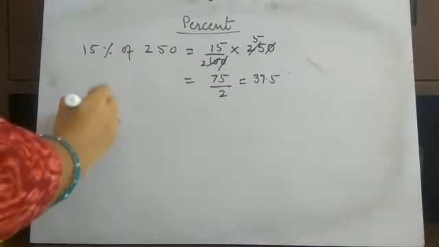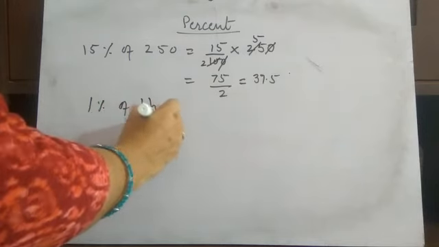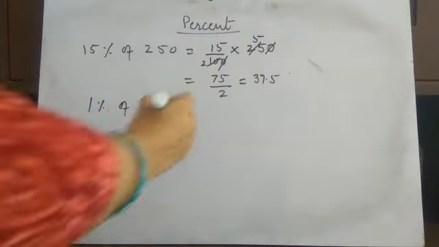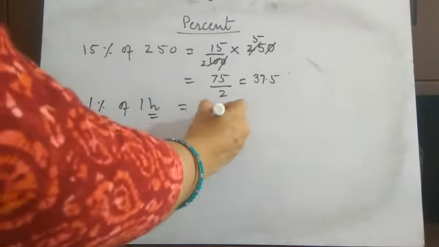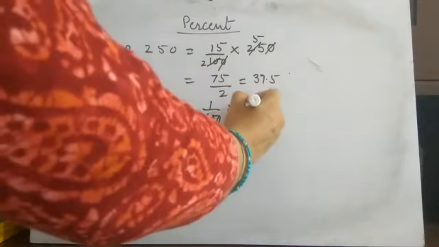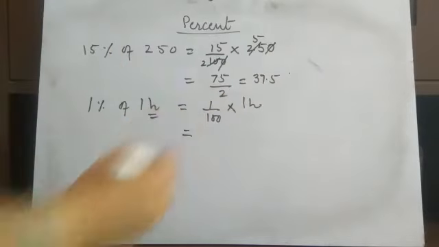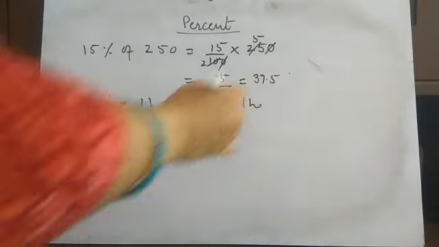Now if you have 1% of 1 hour, or any unit is given, in the same way you can solve. Write 1% as a fraction. Of is multiplier. 1 hour is very big, so you will get the answer in small decimals.